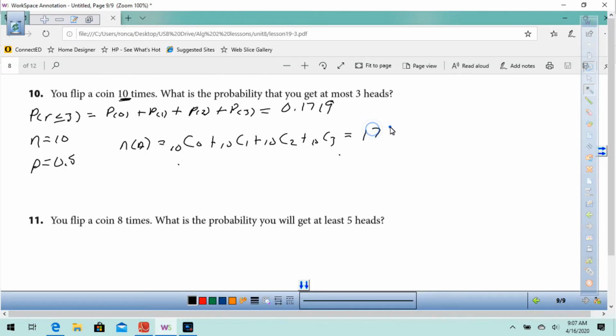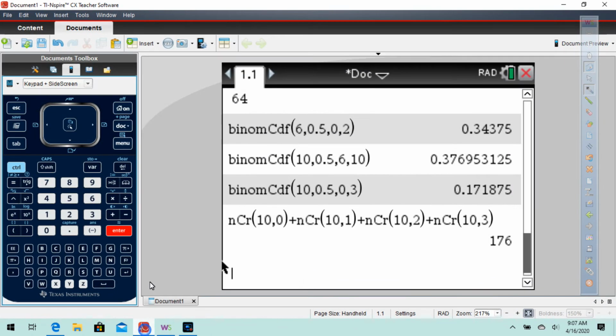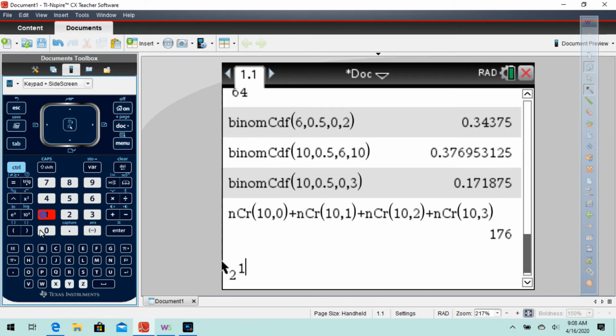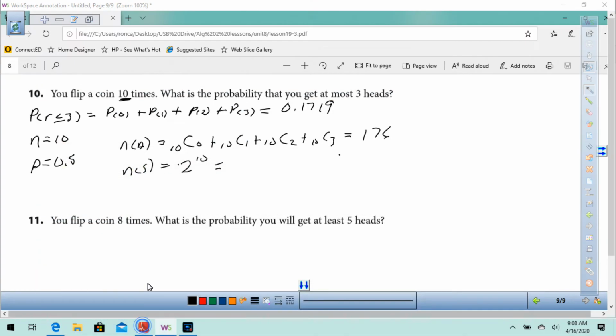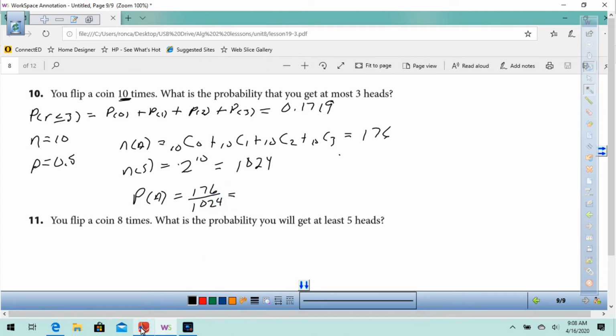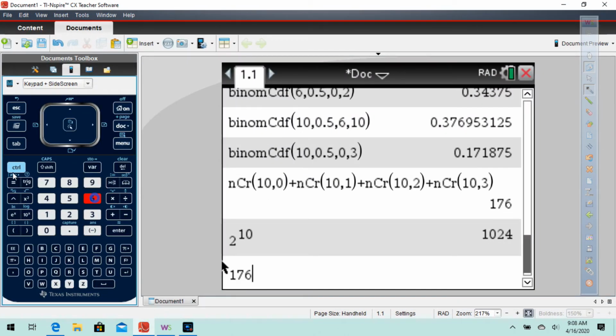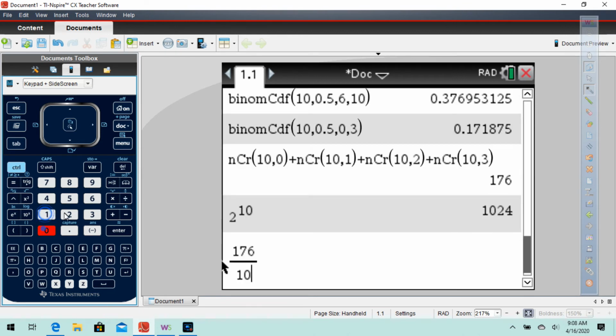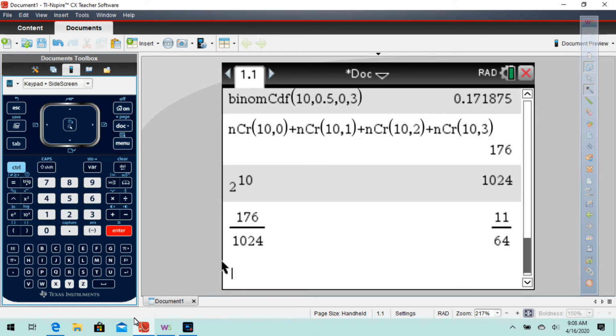That equals 176. Now, the sample space. Again, we got a coin, so there's 2 sides, heads and tails. We're doing 10, so we got 2 to the 10th power, 1024. So the probability of at most 3 heads would be 176 over 1024, and that probably reduces to 11 over 64.